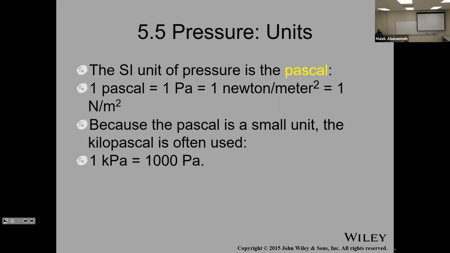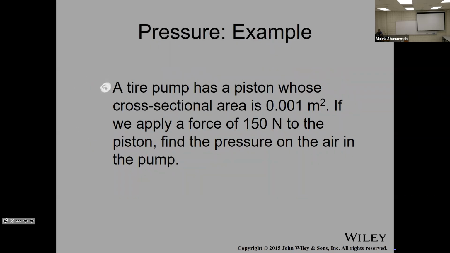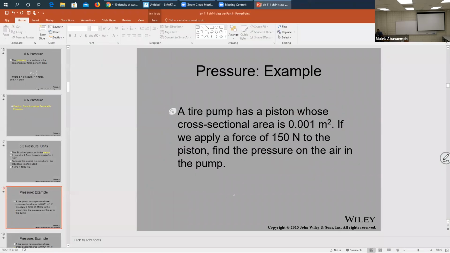So let's look at a question, shall we? A tire pump has a piston whose cross-sectional area is 0.001 square meters, and we apply a force of 150 newtons to the piston. Find the pressure on the air in the pump. So let's go ahead and write the equation down for the pressure example.